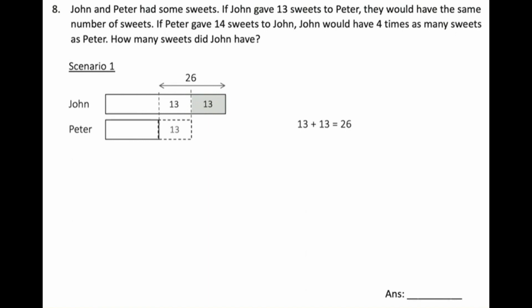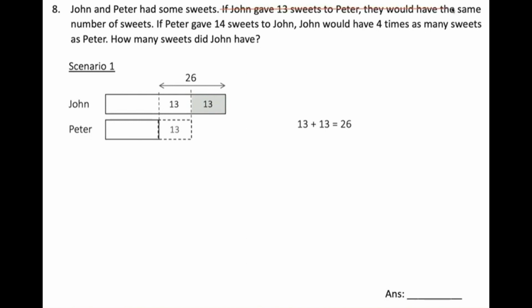You notice when you are in primary 4, right? This statement, if John gave 13 sweets to Peter, they will have the same number of sweets, would be simply John has 26 more sweets than Peter. You know what I mean? So this is how school makes your question complicated.